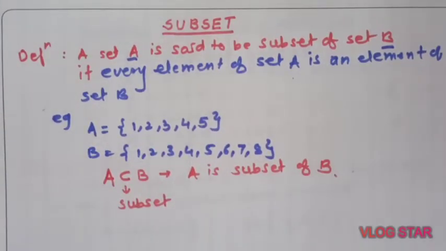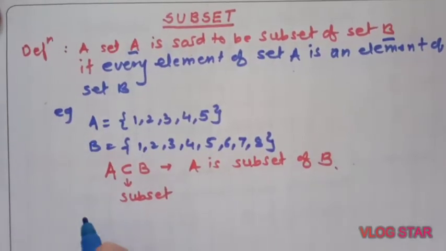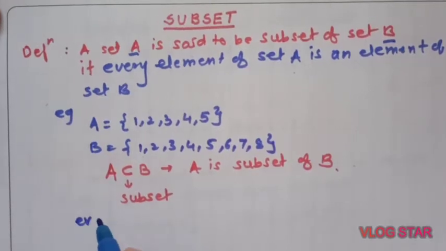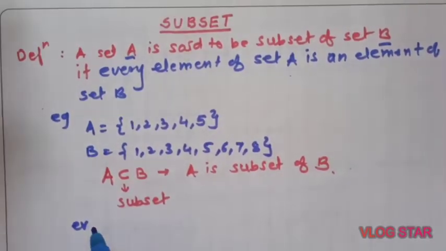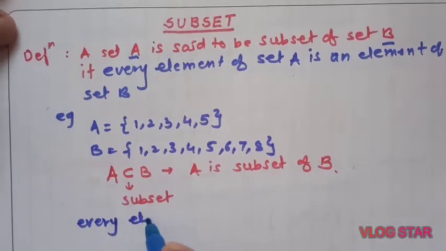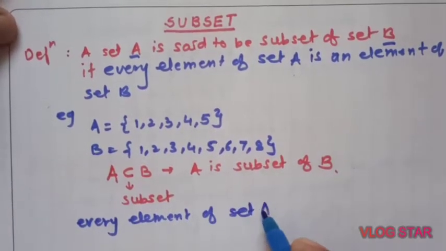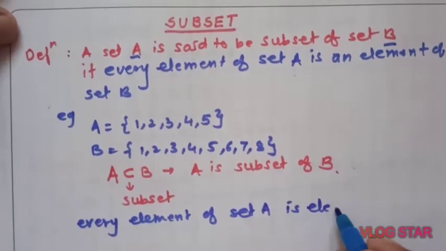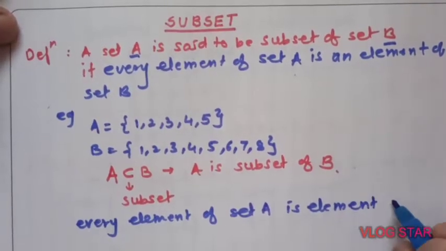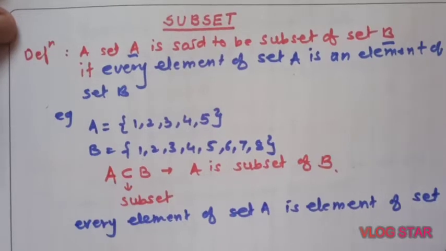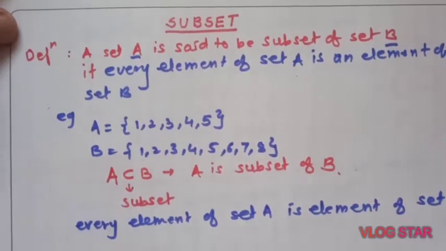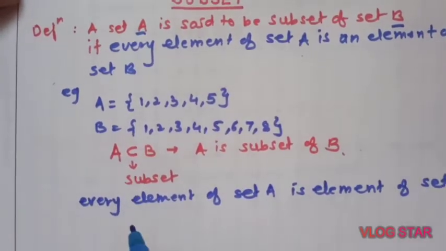As we already discussed earlier, how to represent that every element of set A is an element of set B. The same thing we can write in short.